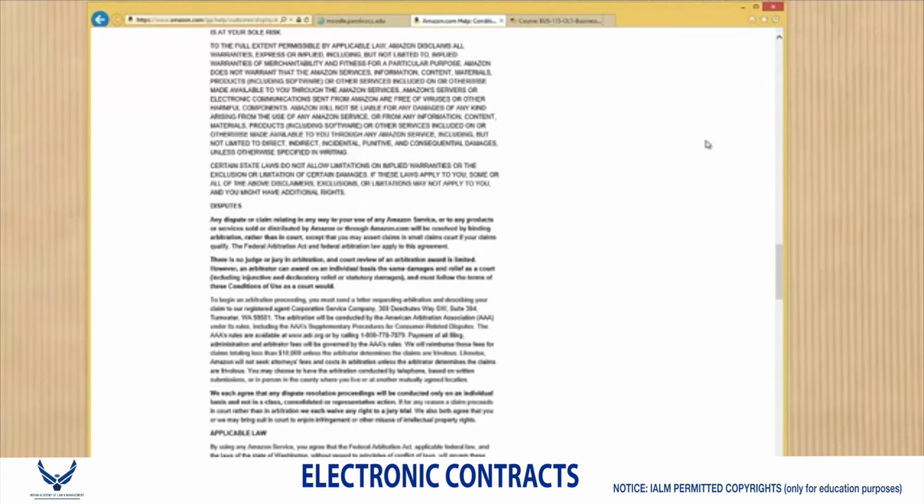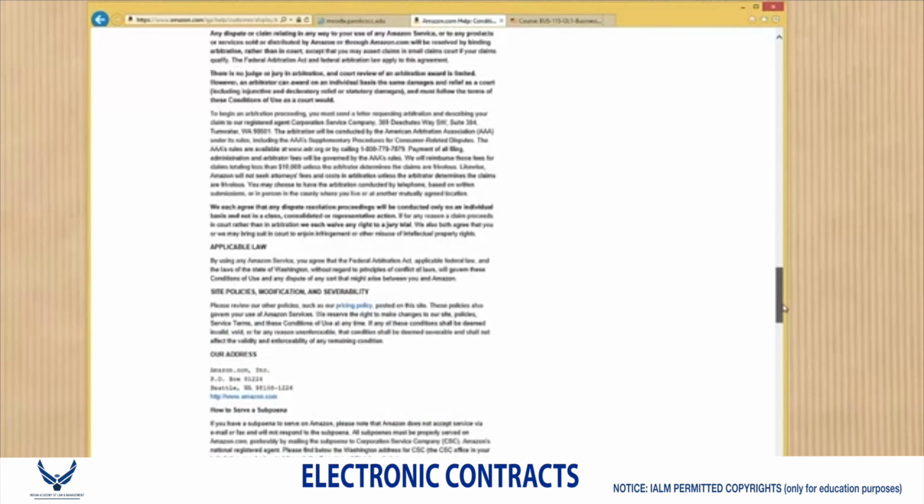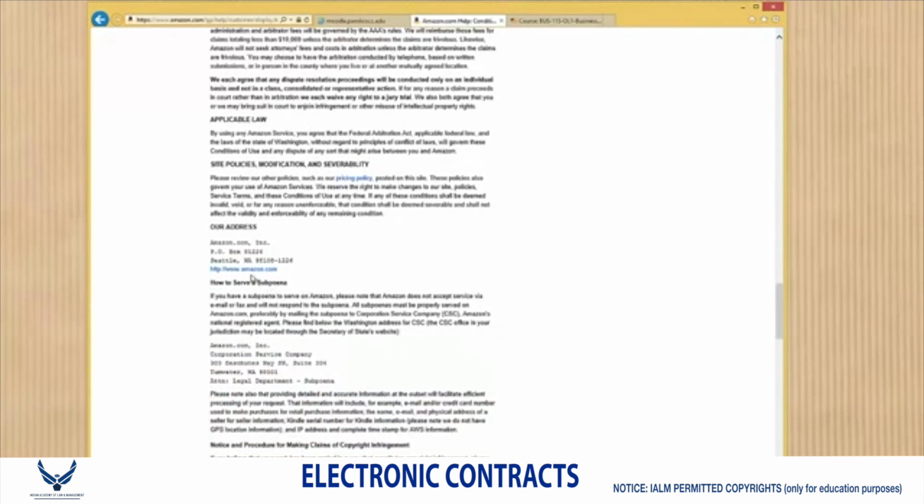You'll also see the state of jurisdiction, which we've discussed. You'll see it's in Washington. Now, it makes sense that Amazon would be in Washington because they're actually based in Washington, but that isn't the only reason. Here it is up here, the laws of the state of Washington. So this is their jurisdiction. Remember everything about jurisdiction.